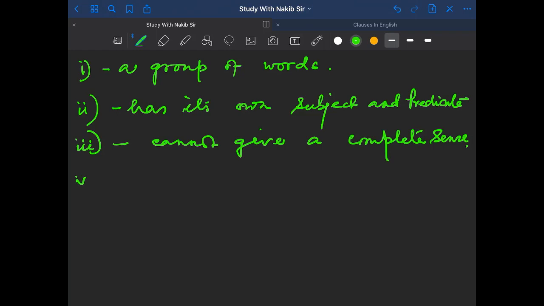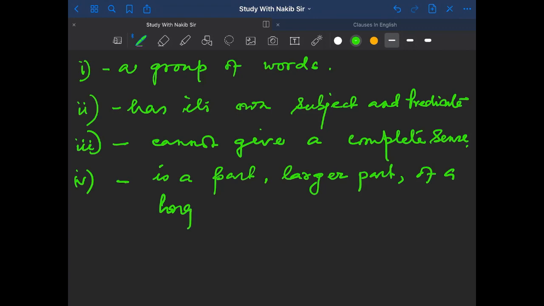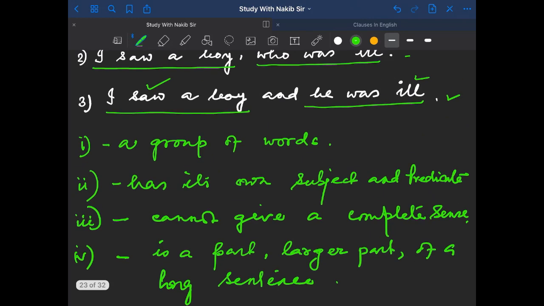And number 4, a clause is a larger part of a long sentence. Okay, so now what is a clause?